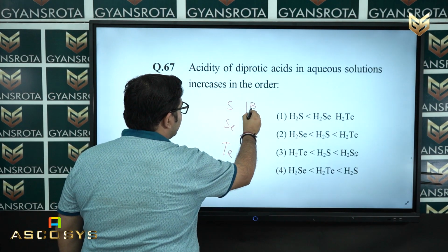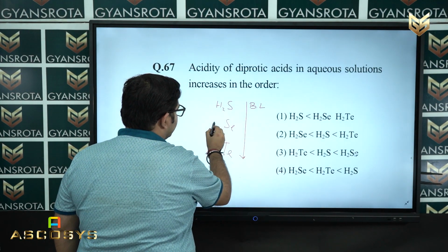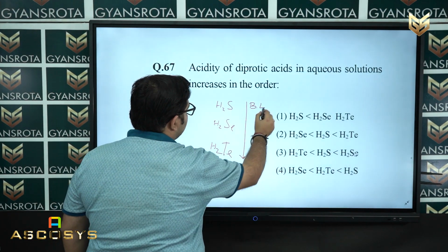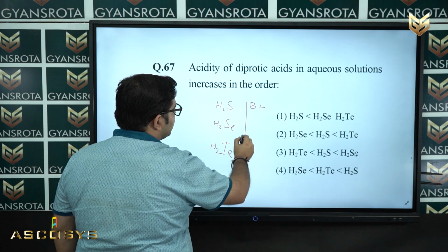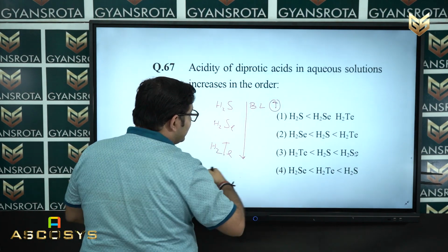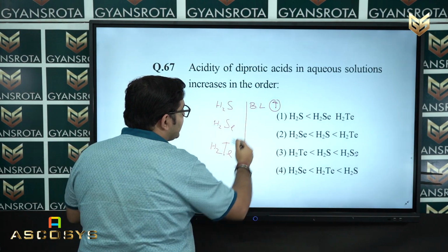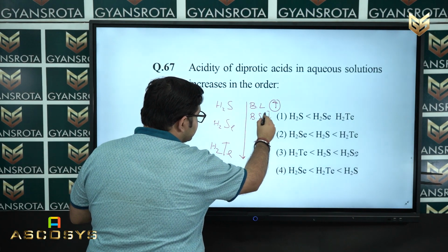Your bond length, that is the bond length of H2S, H2Se and H2Te, that is the bond length of H and sulfur, H and Se and H and Te, it will increase. Now, when this bond length increases, your bond strength automatically decreases. You can compare this with a string.